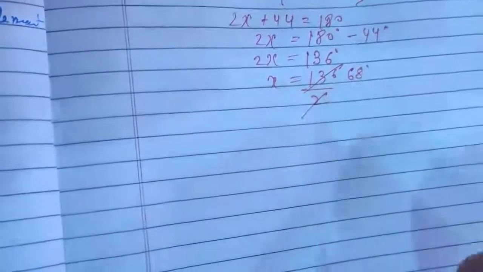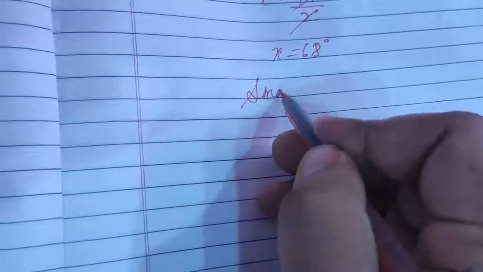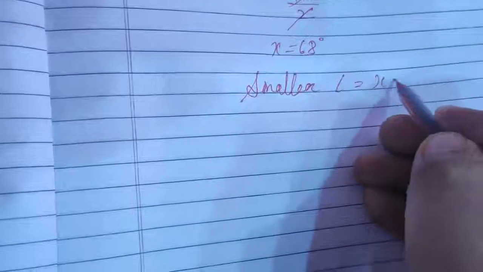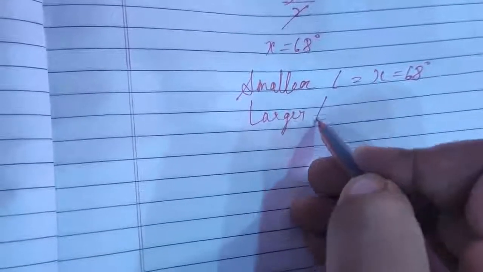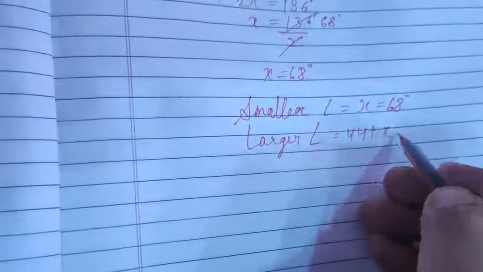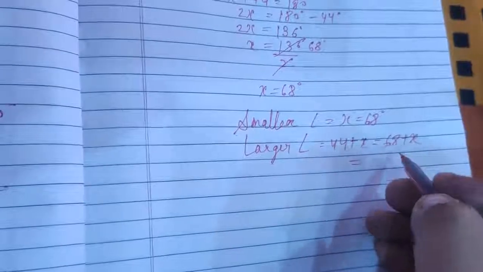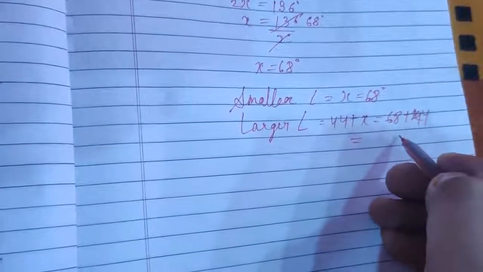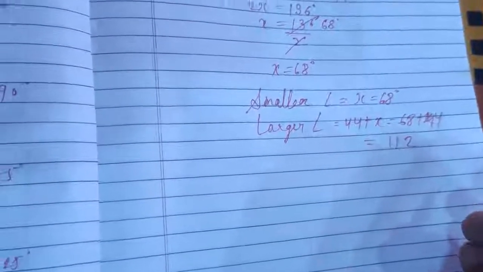So x is equal to 68, means the smaller angle is 68, and the larger angle is 44 plus x, that's why it is 68 plus 44, which is 112 degrees.